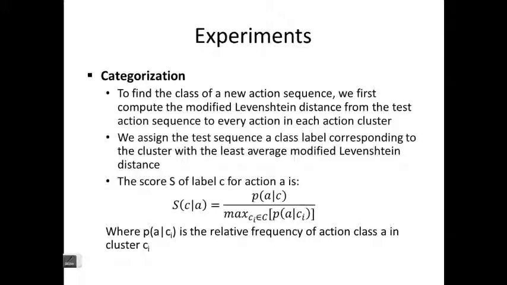So we would look at the ratio of the action classes that belong in cluster 2, and divide them by the maximum ratio of all those actions across all of the clusters, and then the highest score possible for that cluster would be that action class which gives the maximum value of the score.